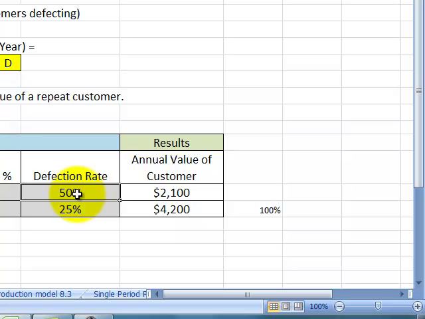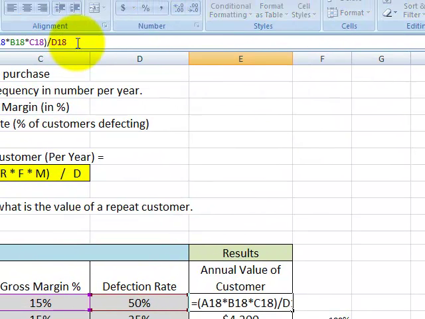What if the defection rate was 100%, that car customer never came back to us? Well, I just put the equation in here, and here you can see the equation. It's just a model of this. It would be my A10 times my B10 times my C10. And notice I've put all of this in parentheses because I wanted to do that first and then divide by the defection rate.